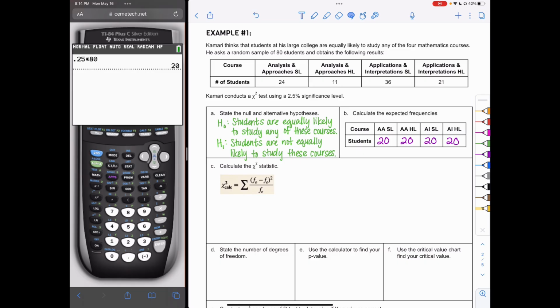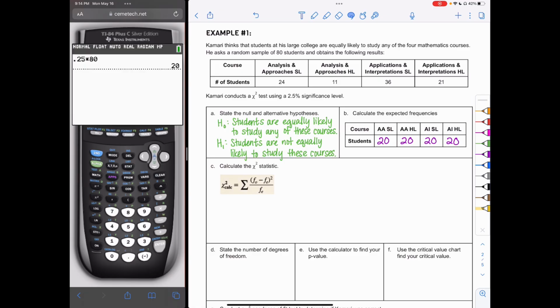So now for part C, we have to calculate the test statistic. In order to calculate the test statistic, we have to take each observed frequency and subtract the expected frequency, then square that difference, and then divide by the expected frequency, and then keep doing that. And you're going to add up all of those chi-square calculations to get the sum of them.